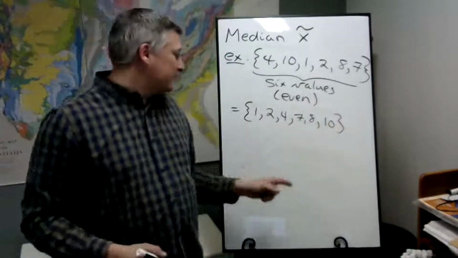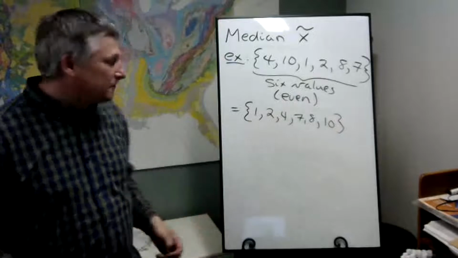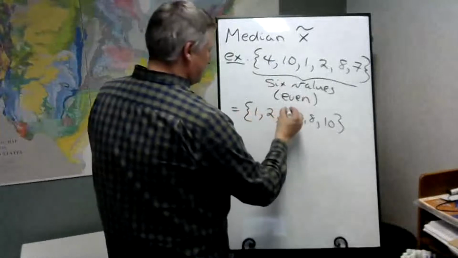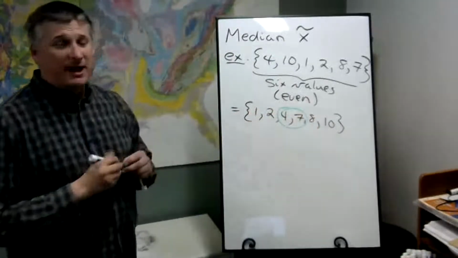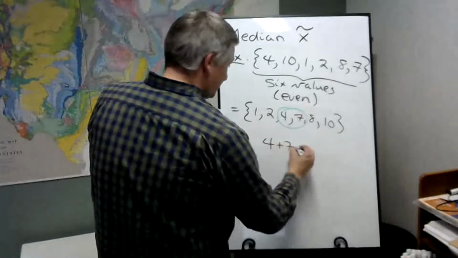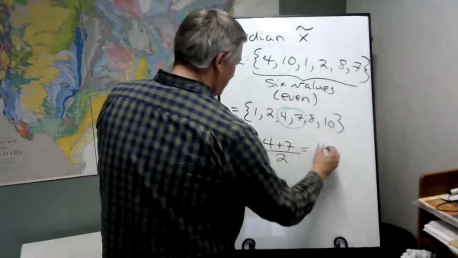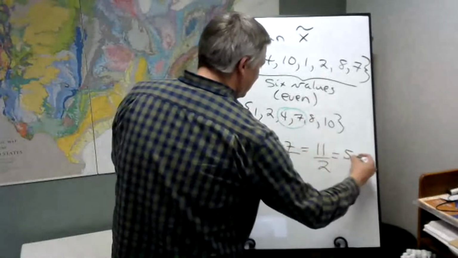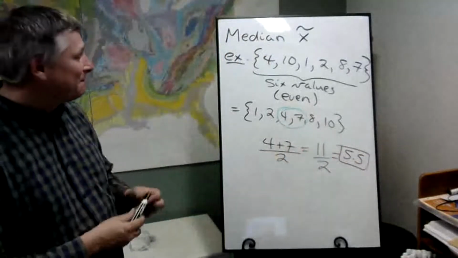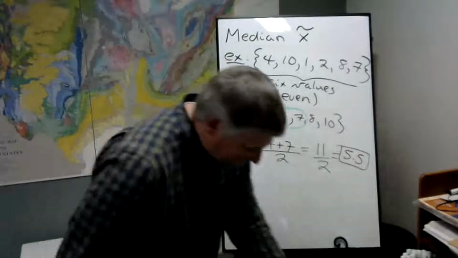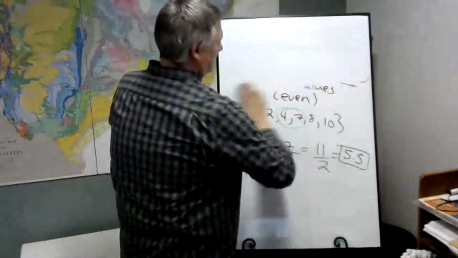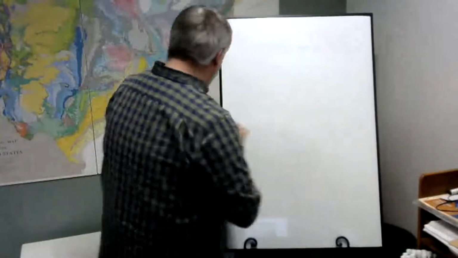Because there's an even number, there's no exact middle value. So we're going to take the 2 middle values and average those. So 4 plus 7 over 2, 11 over 2, or 5.5. And so 5.5 is going to be your median. All right, so that's the median.